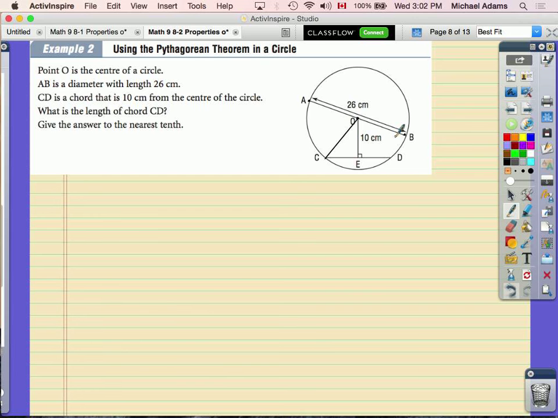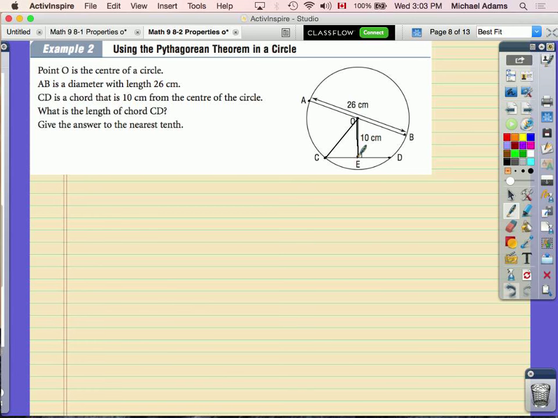So understand that. It says CD is a chord that is 10 centimeters from the center of the circle. So here's chord CD. And we're told that it is 10 centimeters away from the center of the circle.